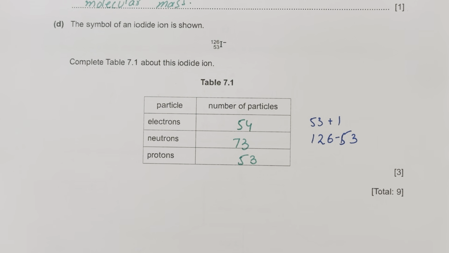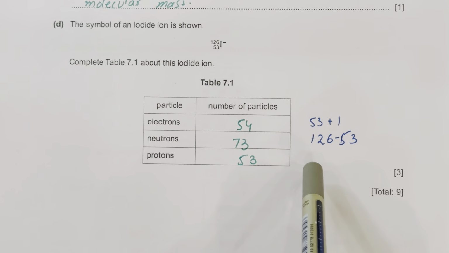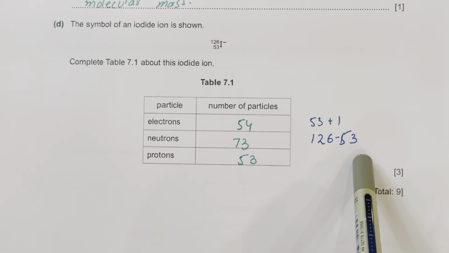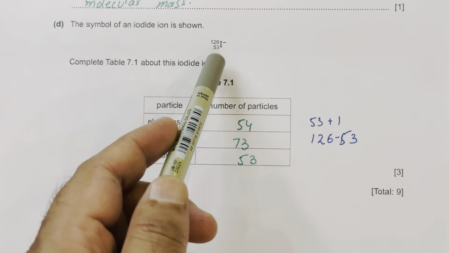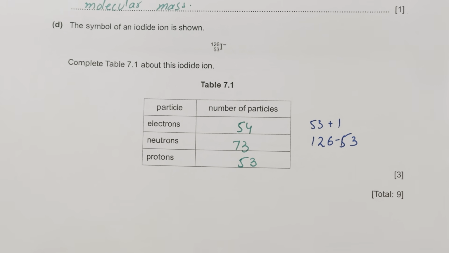Number of neutrons: we can calculate the neutrons by subtracting atomic number from mass number, that is 126 minus 53, we get 73, and simply protons is the atomic number, that is equal to 53. So this was an easy 3 marks in this paper.